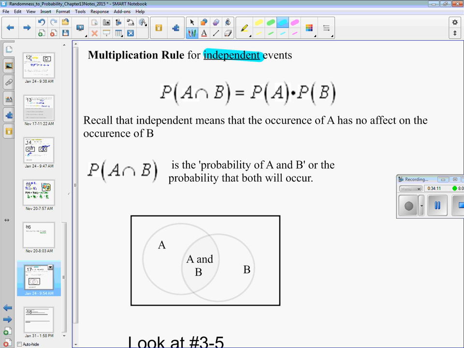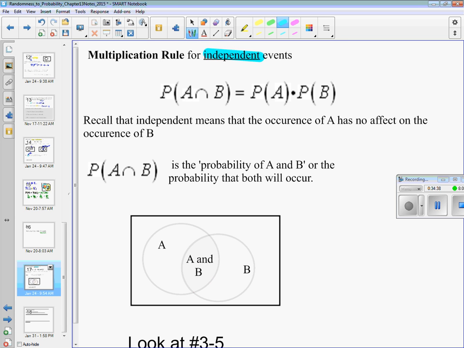If I flip a coin, the flip of 2 coins, are they independent, yes or no? If I flip it once and then flip it twice, is one going to affect the other at all? No, okay? Whether I get a head on the first one will not affect whether I get a head on the second one. They're totally independent, like separate events. One doesn't affect the other.